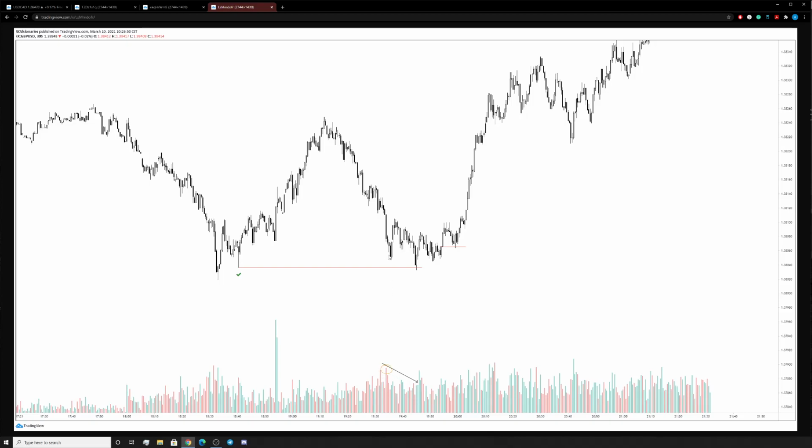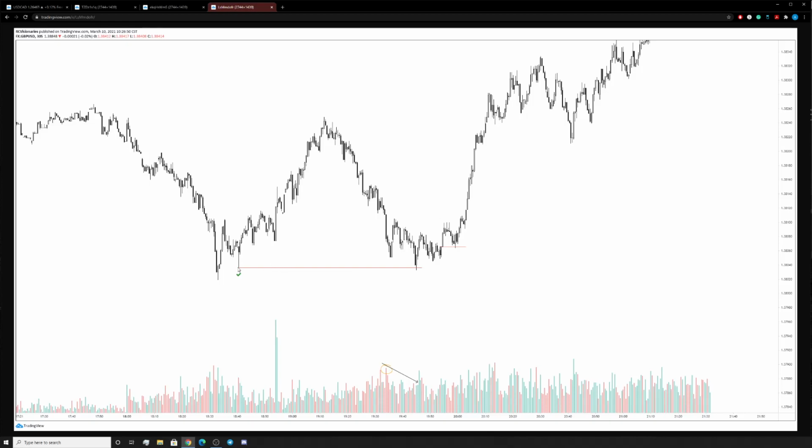This low here naturally creates a reaction because volume is high in comparison to previous volume bars, and then that created a new lower low, but volume is now not supporting it. So naturally, it's going to create a pop in the opposite direction. That's what we call the reaction.